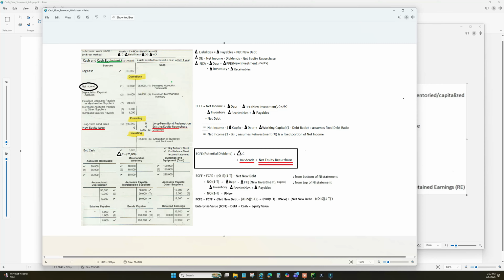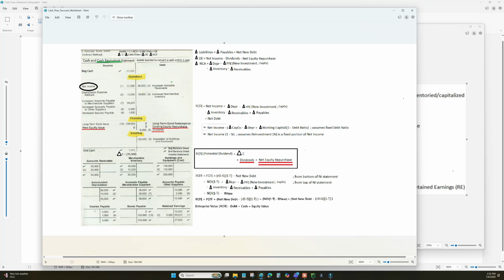Now, over here to the right shows a little more detail. The change in liabilities is equal to the change in accounts payable plus net new debt, the two major items. The change in owner's equity is primarily net income minus dividends minus any net equity repurchase.